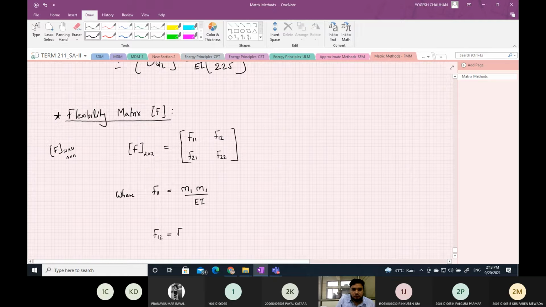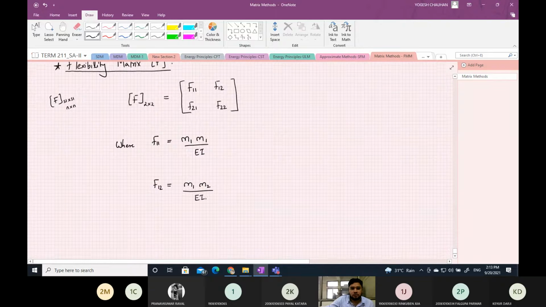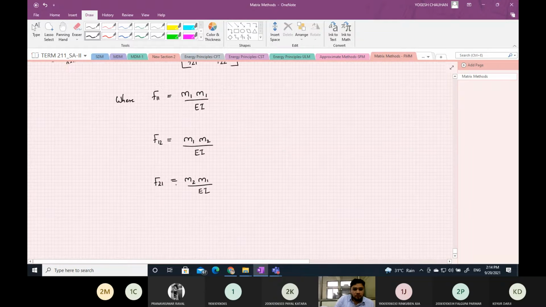F12, which will be equal to F21 because it is a symmetrical matrix, will be m1 m2 upon EI, and F21 will be m2 m1 by EI, and F22 will be m2 m2 upon EI.